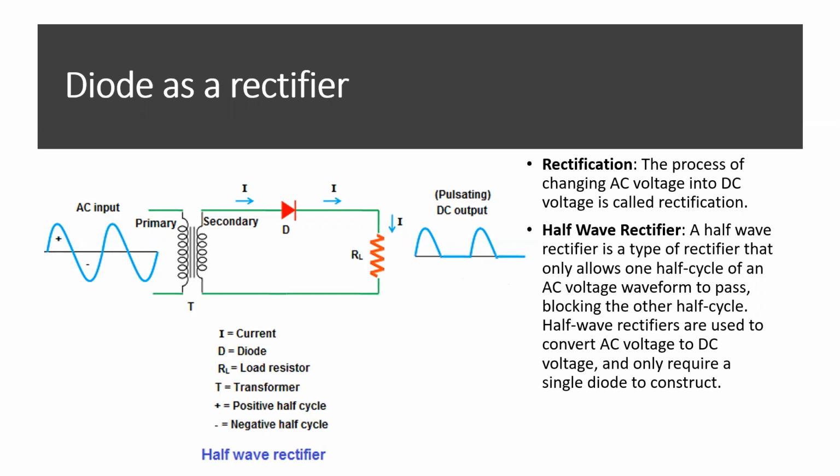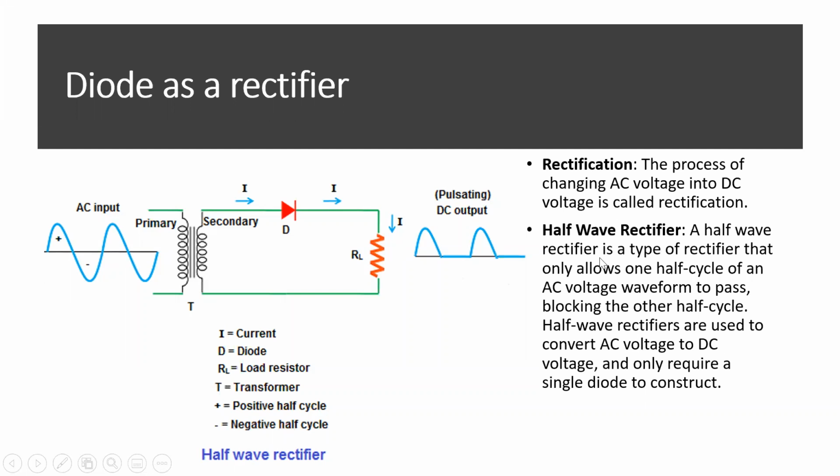Rectification is the process of changing AC voltage to DC voltage. And a rectifier is a device that converts AC to DC. Now let us see how a diode acts as a rectifier. If you use one single diode, it acts as a half wave rectifier.